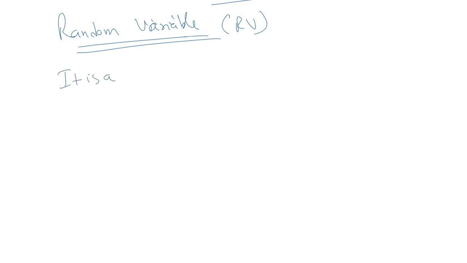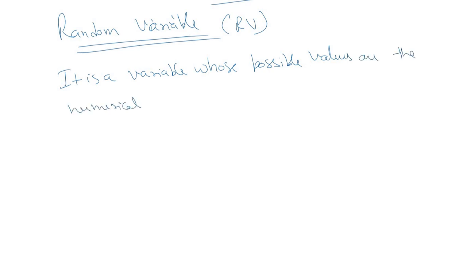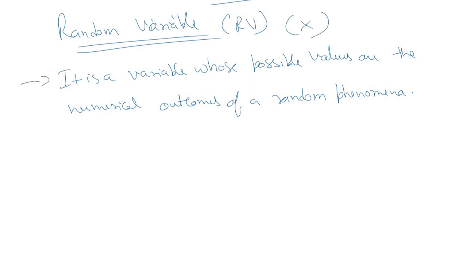It is a variable whose possible values are the numerical outcomes of a random phenomenon, usually represented by capital X.